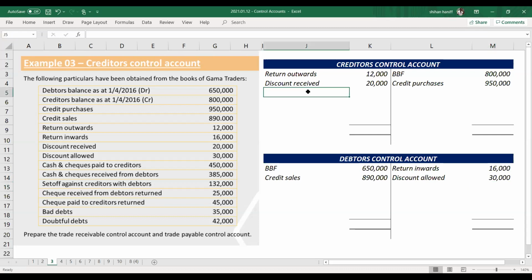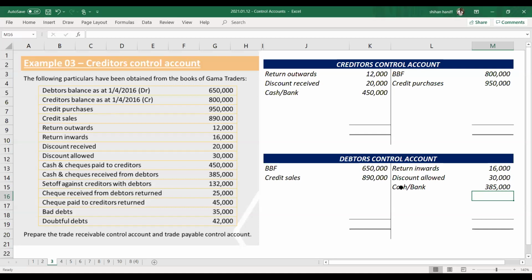Cash and check paid to creditors, 450,000. Received from debtors, cash and checks, 385,000.